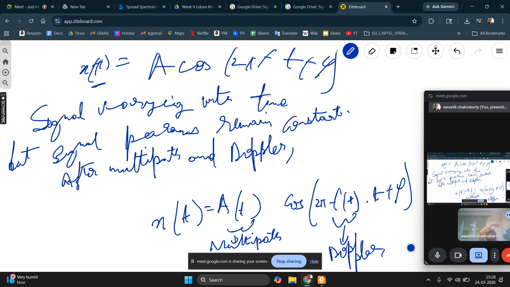So the two fundamental parameters of the signal, the amplitude and the carrier frequency, will now both be not constant.